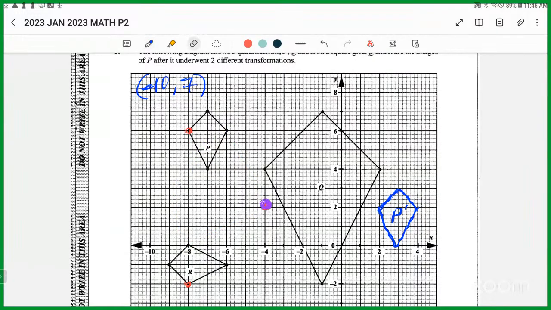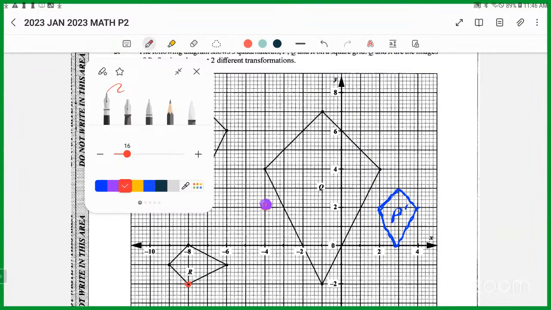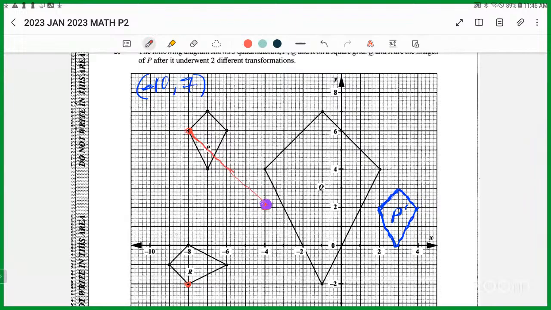Let's try the red. So this out to here has rotated down to here. And you can see it. Those two red lines are at 90 degrees, and they're the same length again. What's the length of this line? We can break down that length into 1, 2, 3, 4 and 1, 2, 3, 4.